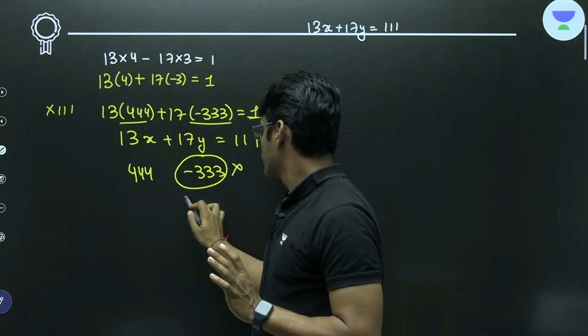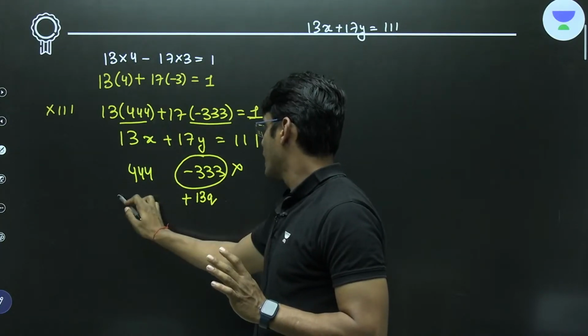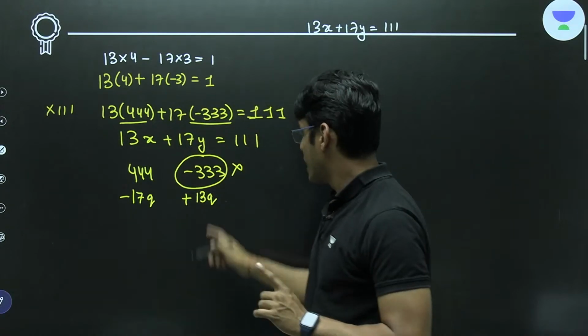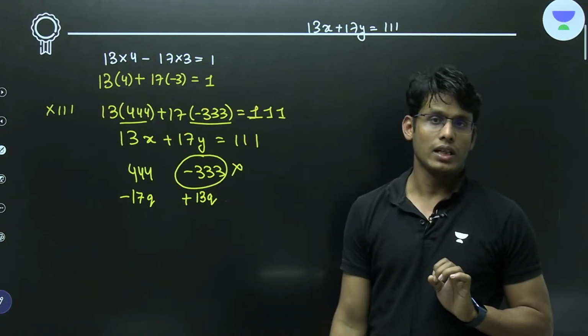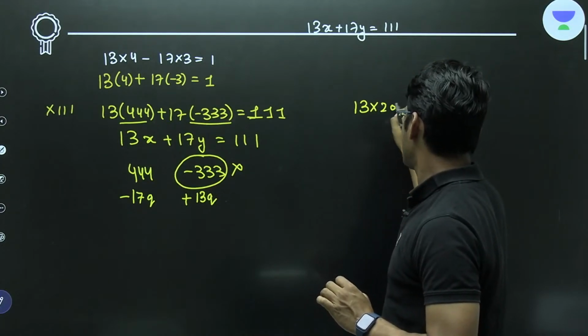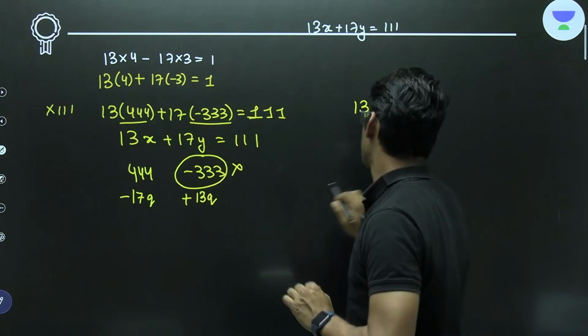What I have to do, I have to simply add some multiple of 13 here and I have to subtract some multiple of 17, same multiple, right? So that this is a natural number. So 13 times, what is 13 times 20? It is 260. Okay, it is still not a natural number.